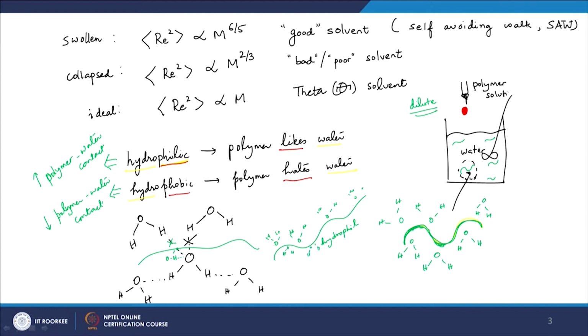So, in this case there is perfectly no problem, water molecules can surround the polymer chain because polymer likes water.